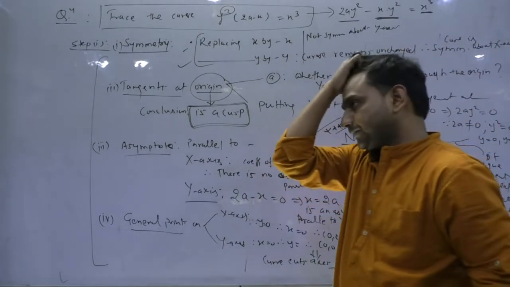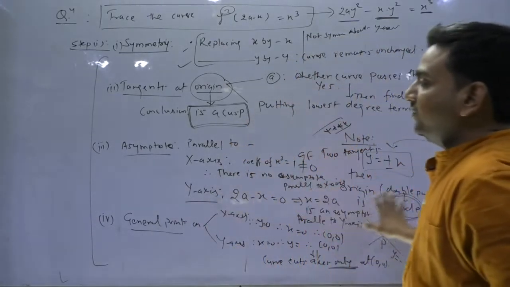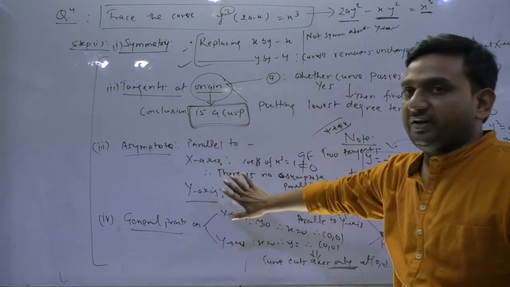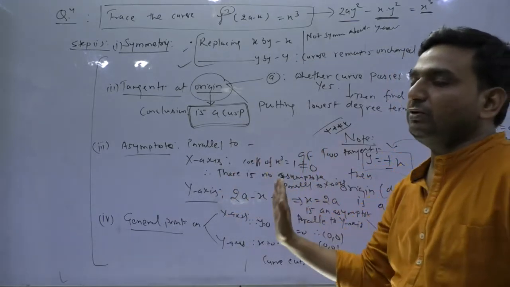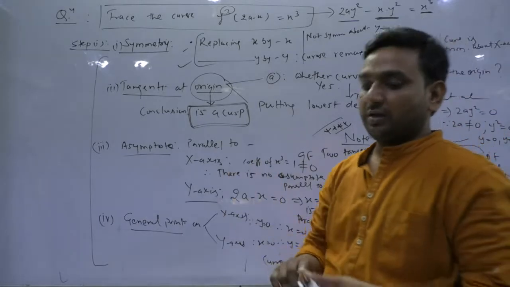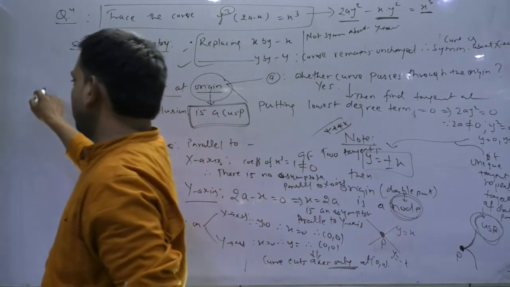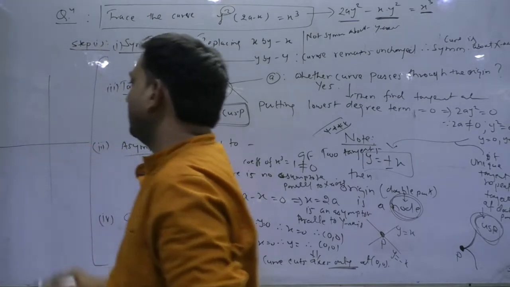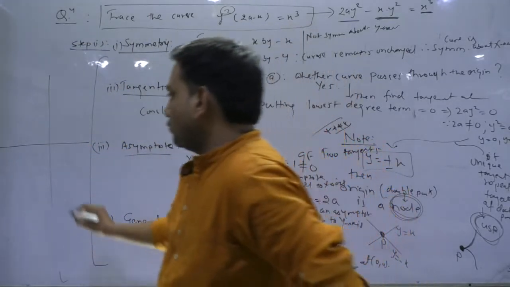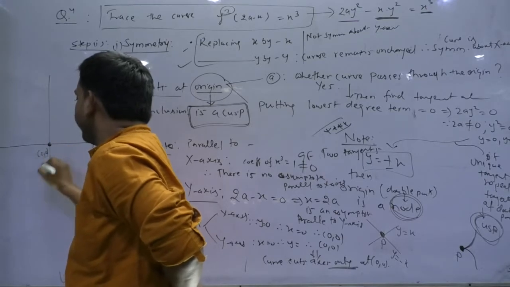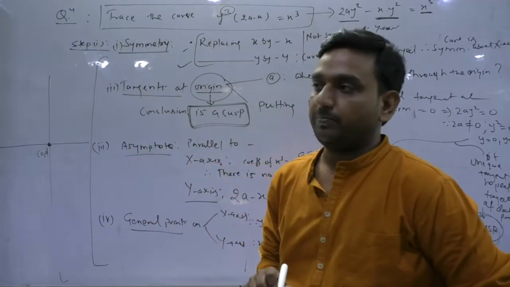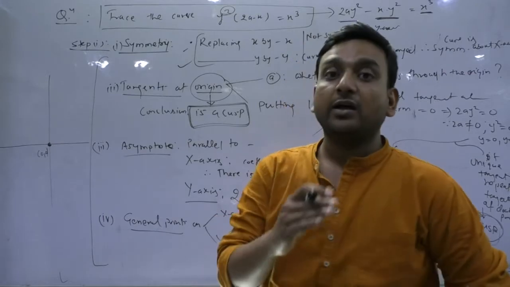Now, after doing these 4 components of exercise, now we will try to picturize, we will try to sketch this curve. Be on the board please. Curve passes through the origin. So this is the point 0, 0. Origin is a cusp.